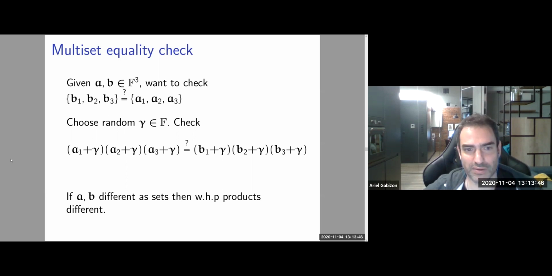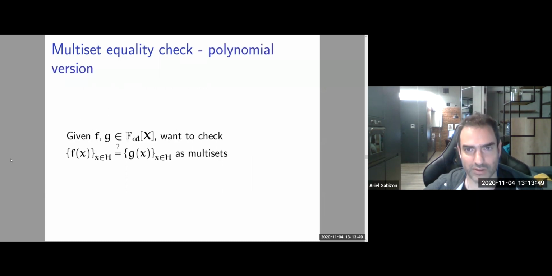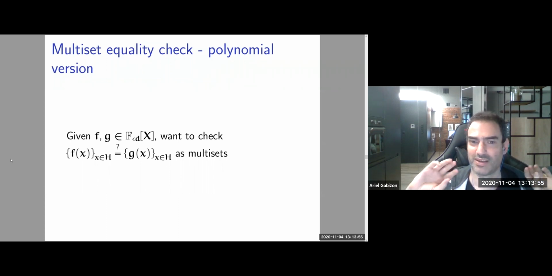So in the polynomial setting, suppose now I have two polynomials of degree smaller than d, and I want to check that their multisets of values on H are equal.